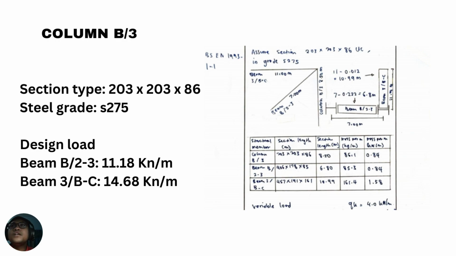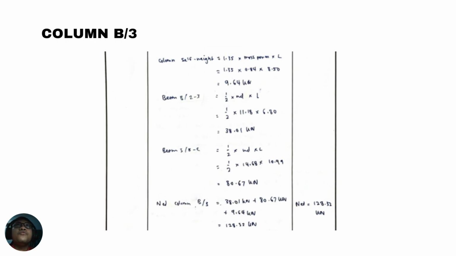The variable load is 4.0 kN per meter. For the design load, beam B23 is 11.18 kN per meter, and beam 3BC is 14.68 kN per meter. Go to the column self-weight. The column self-weight is 9.